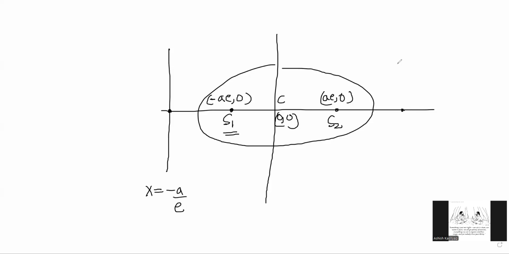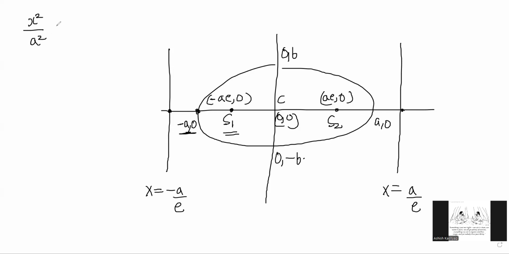And the directrix corresponding to S2 is this, which is x equal to +a/e. And these are the vertices, which are (-a, 0), (a, 0), (0, b), and (0, -b).